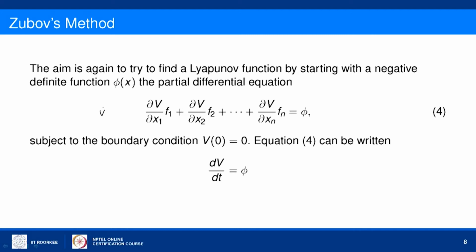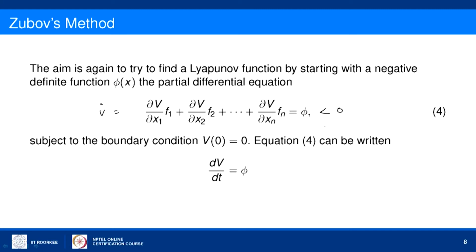This equation is nothing but V dot equals del V by del x1 into x1 dot, that is equal to f1, and so on, which is given. We assume that V dot is equal to phi, any function which we can select to be less than 0, that is, negative definite.